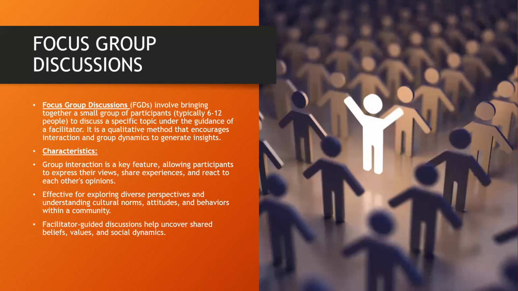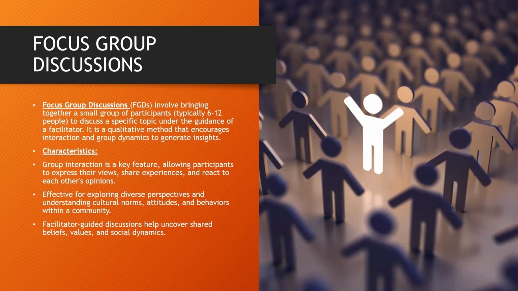Now, another thing is focus group discussion. In as much as life history is a one-on-one interview, focus group discussion involves three or more people, right? So a focus group brings together a small group of participants, typically 6 to 12 people. Some even make it 8 to 12, to discuss a specific topic under the guidance of a facilitator.